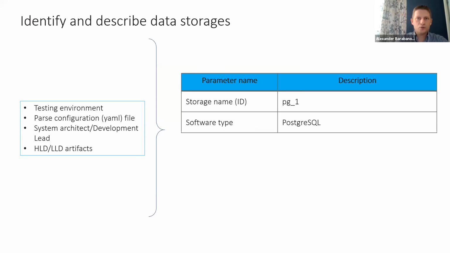To collect this information, you can investigate the project repository or configuration in a YAML file, or you can collaborate with your system architect or your development team lead in order to derive that information.